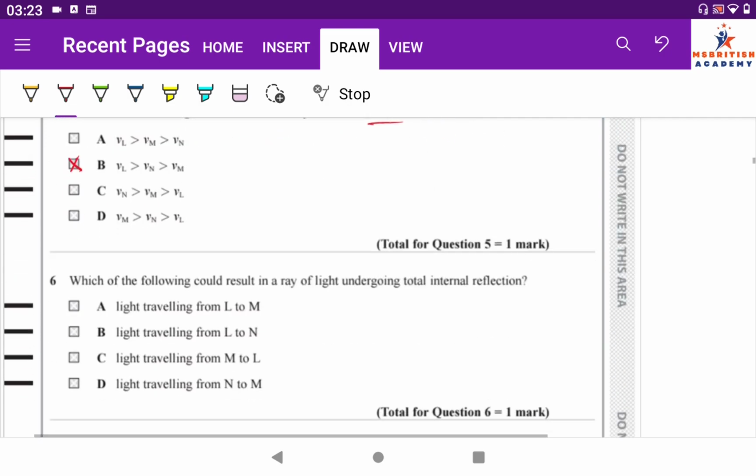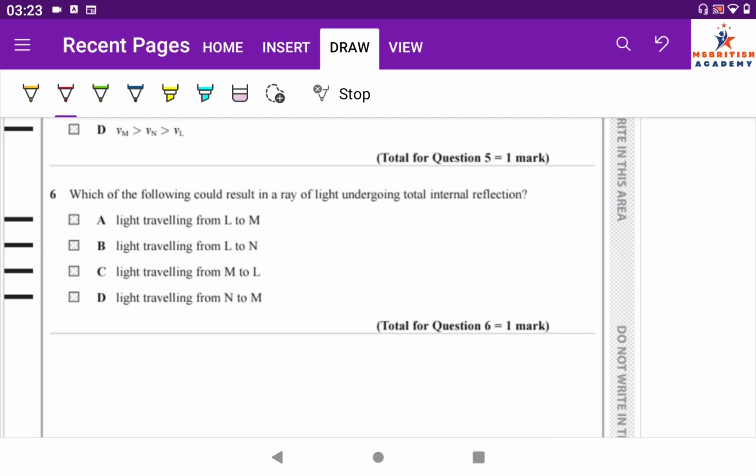Okay, now question number 6. Which of the following could result in a ray of light undergoing total internal reflection? When light travels from a denser medium to a rarer medium, in that case total internal reflection occurs.